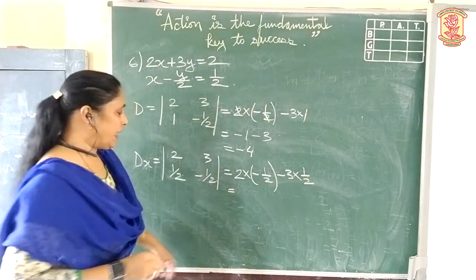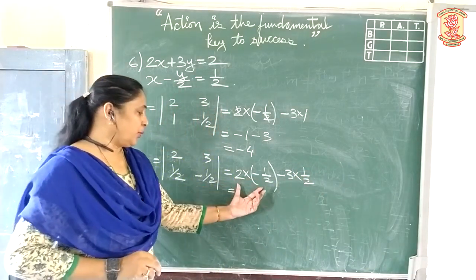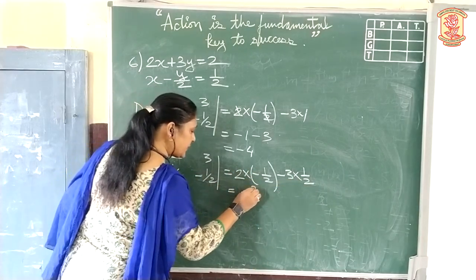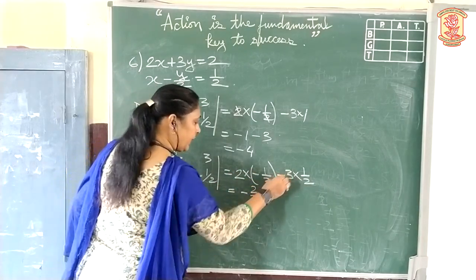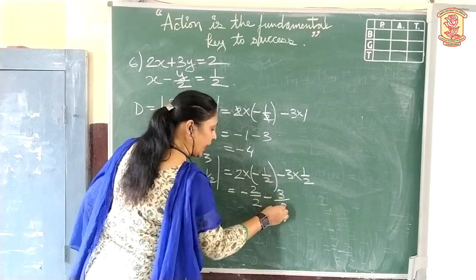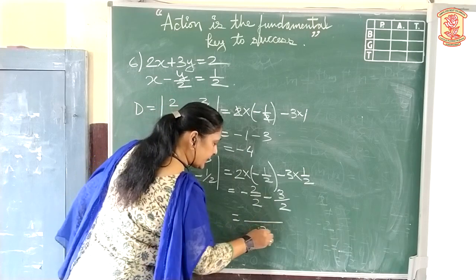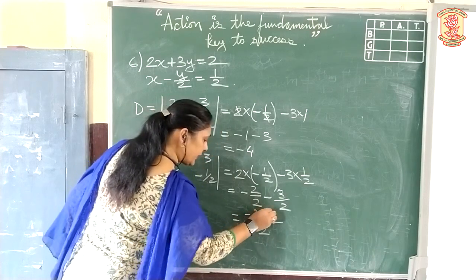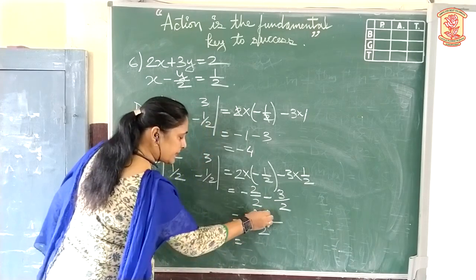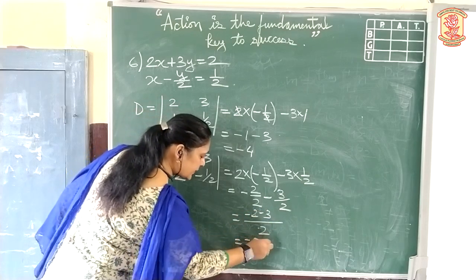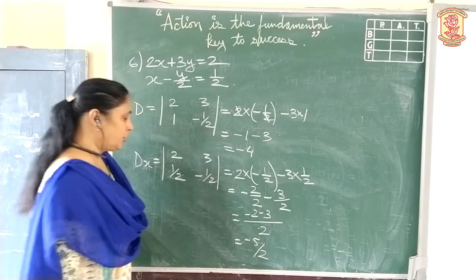Here we'll keep 2 as it is. So plus minus minus 2 ones are 2 upon 2 and minus 3 upon 2. Calculation is going to be easier if we keep that 2 as it is. 2 is the LCM, we get minus 2 minus 3, that is minus minus plus, 2 plus 3 is 5, bigger number sign is minus, so we get minus 5 upon 2.